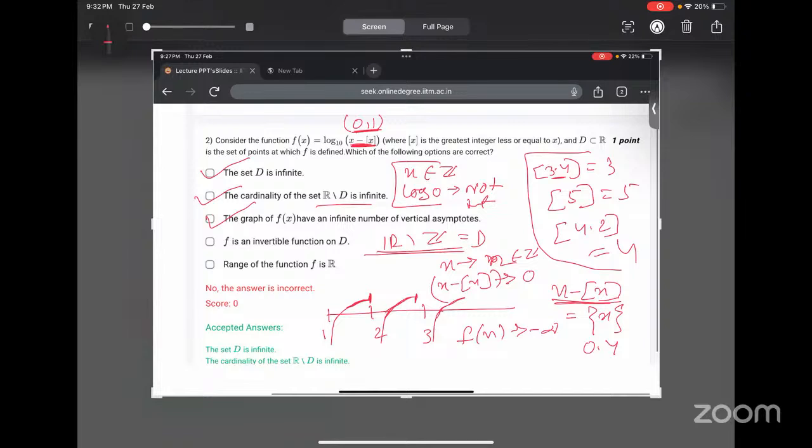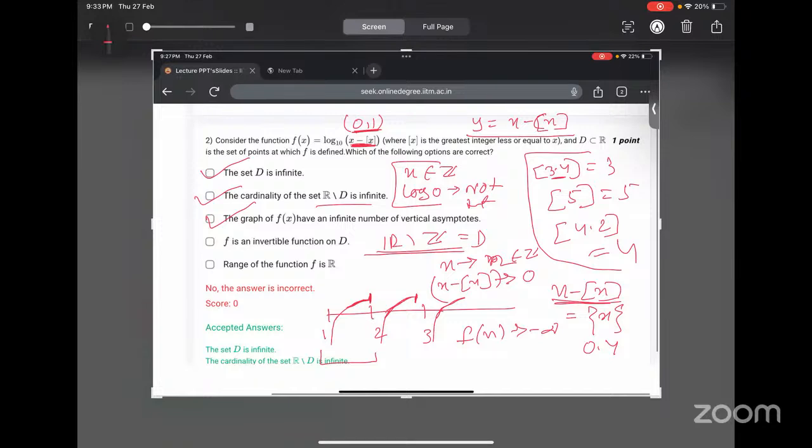We can visualize it. I'm just saying that if I take y equal to this quantity, y will always vary from 0 to 1, right? Yes, ma'am. That means, suppose I take one interval like 1 to 2, in this interval y cannot go more than 1.